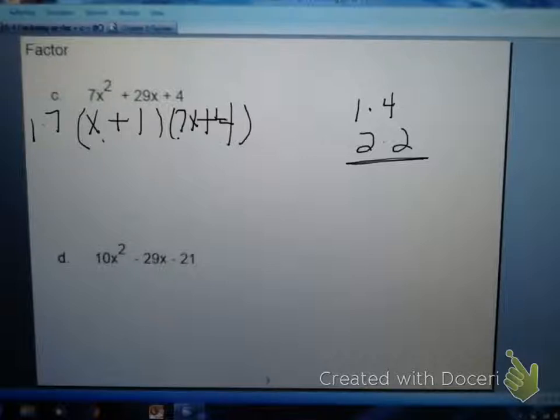And again, I am just guessing. Now I need to check. My outside is 4x. My inside is 7x, which is 11x. Is that my middle term? No. So now I need to flip the 7 and the 4 around.